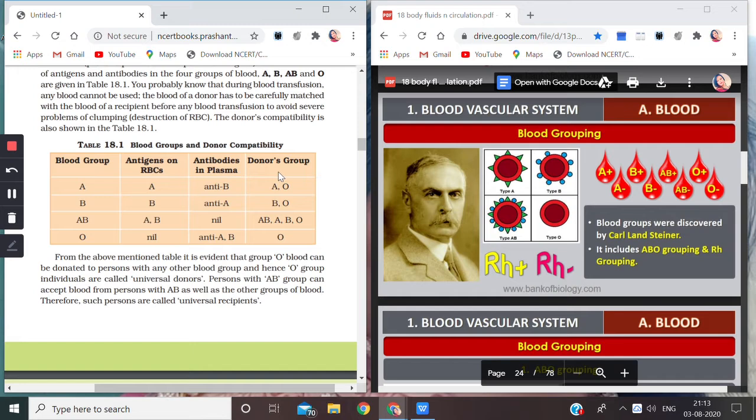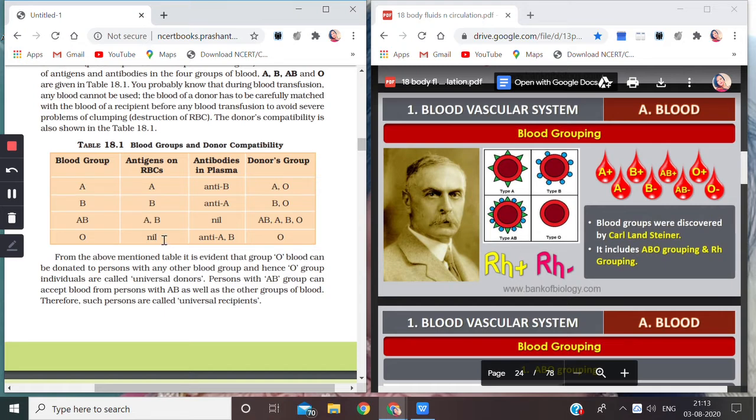That means the donor's group can be either blood group A or blood group O. Why? Because O is the person who does not have any antigen. See, the person O has no antigens at all.